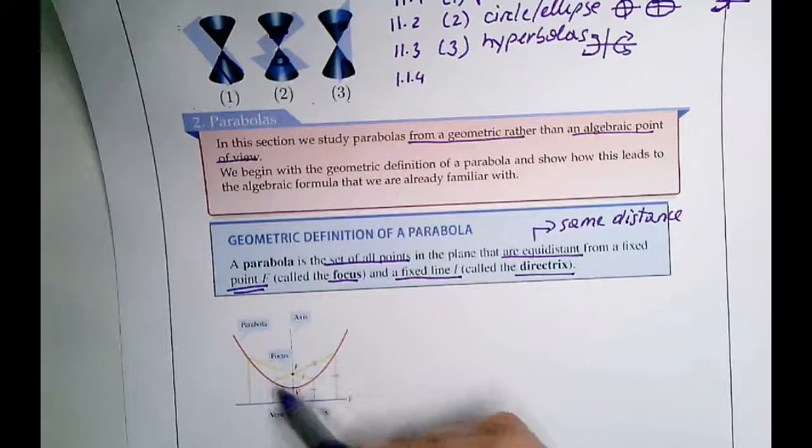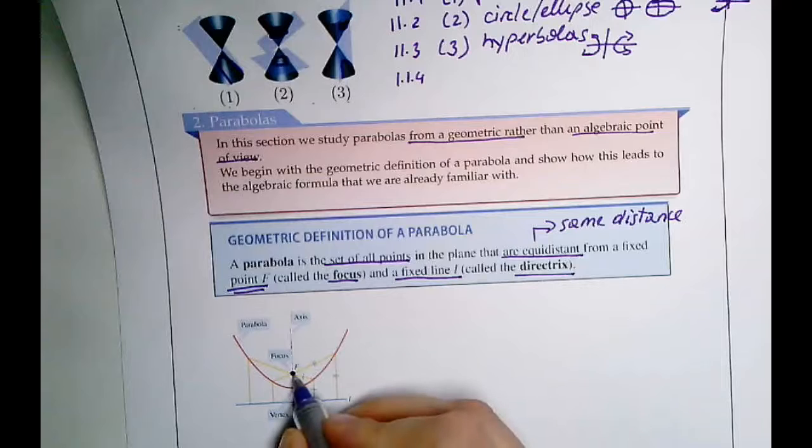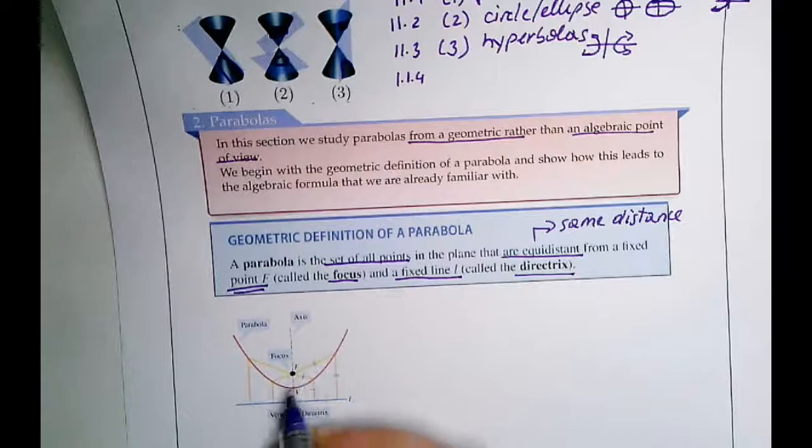So you have your parabola right here. Your F, the focus, is a fixed point right here. This doesn't move. So the things given to you are the fixed point F and the directrix L.